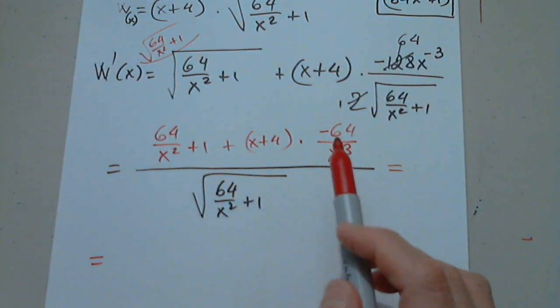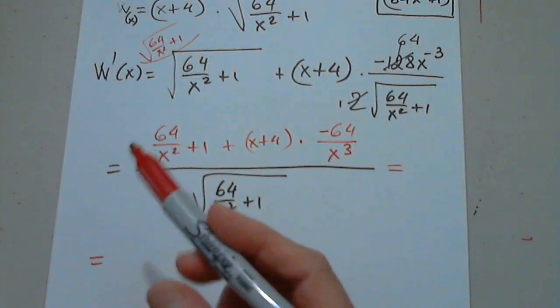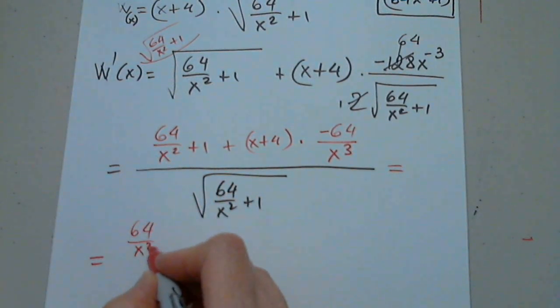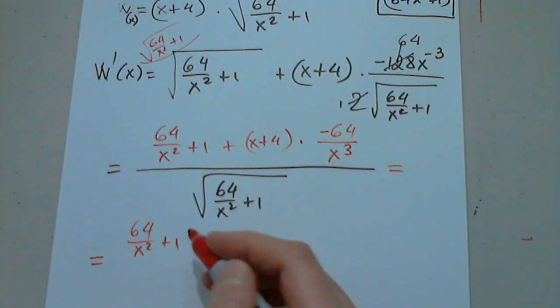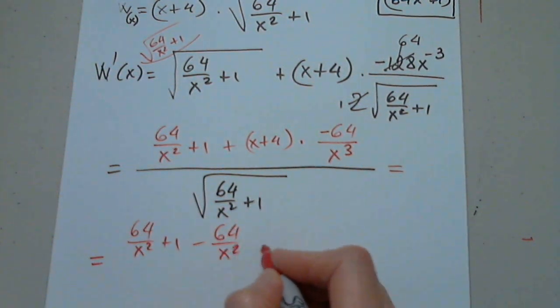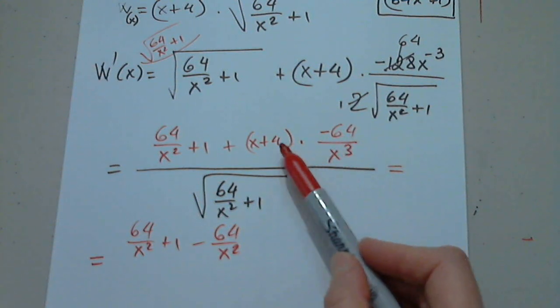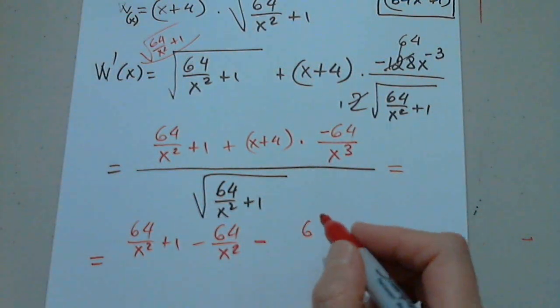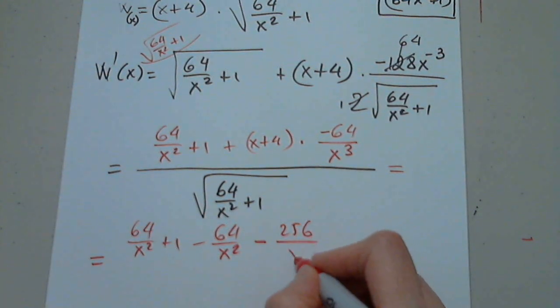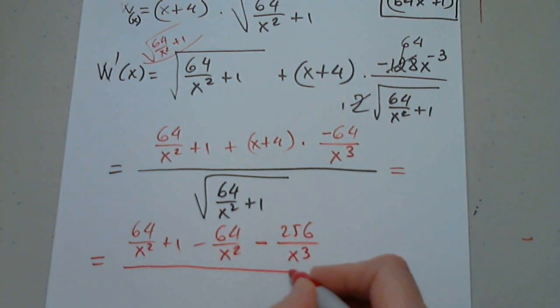So let's see how I continue here. I have a 64 over x squared plus 1. I distribute this to 1x, and I will have negative 64 over x squared. And now I distribute this to the 4. I think I have 256 over x to the third.